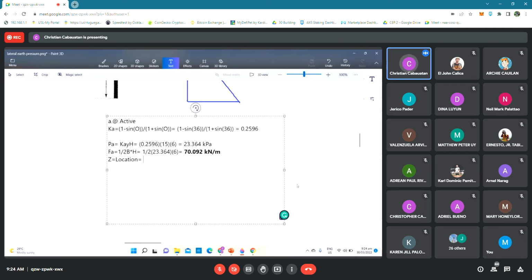It is just H over 3, measured from the bottom of your soil layer.